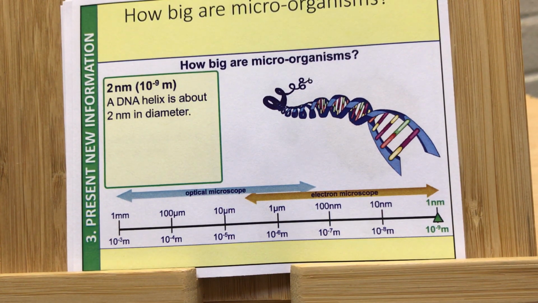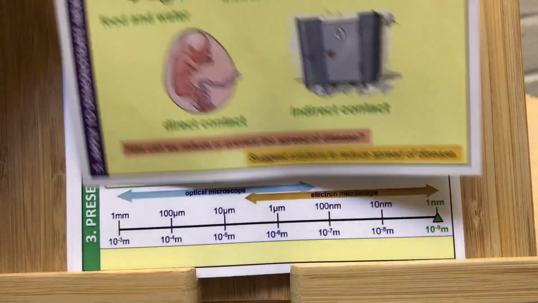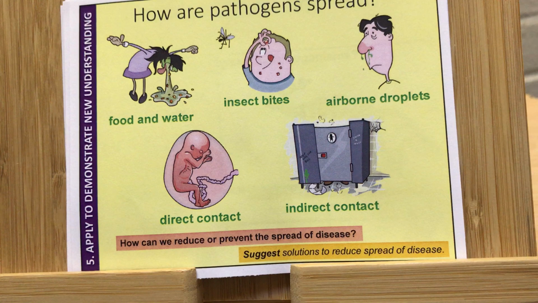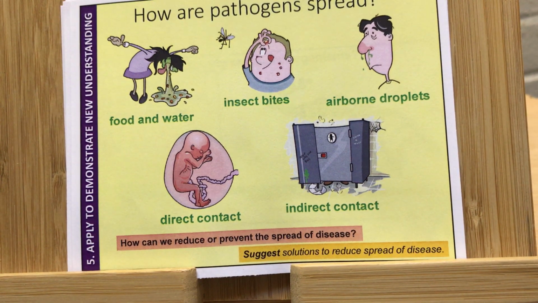And then lastly, we're just going to have a look at how pathogens are spread. Okay, so it can be through food and water, for example, salmonella, undercooked food, poor cooking conditions, cutting maybe some raw chicken and then preparing a salad on the same chopping board. Insect bites such as malaria.